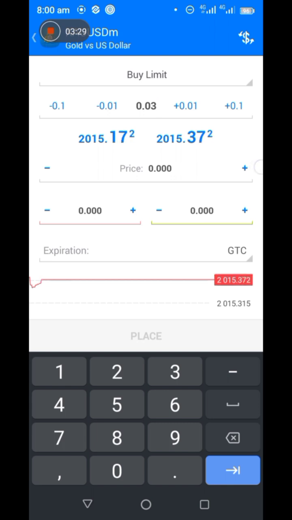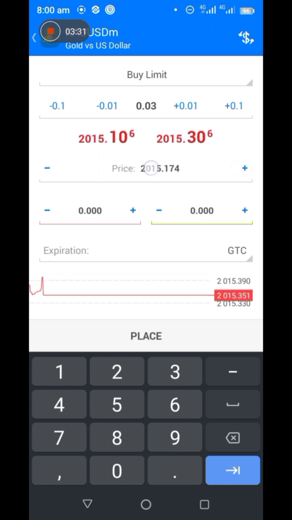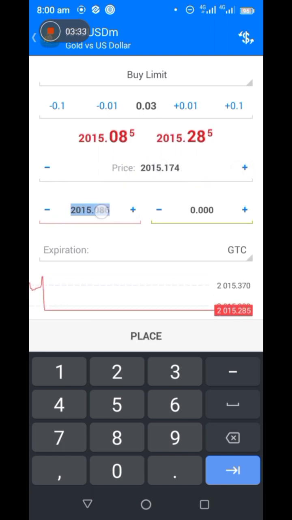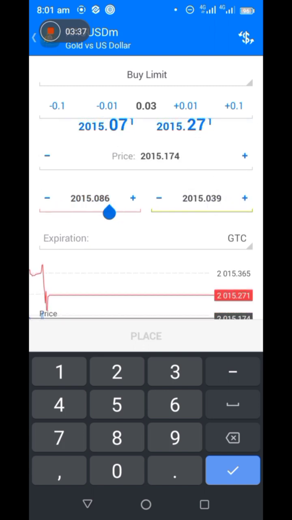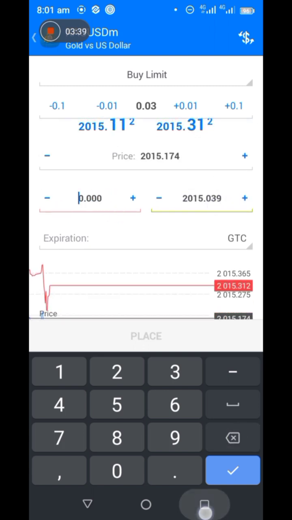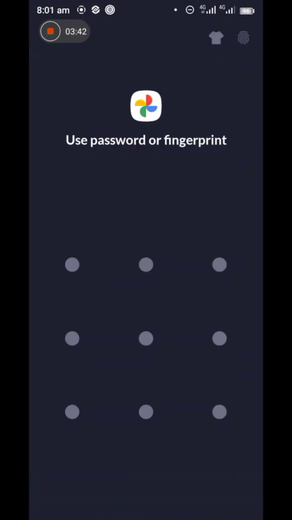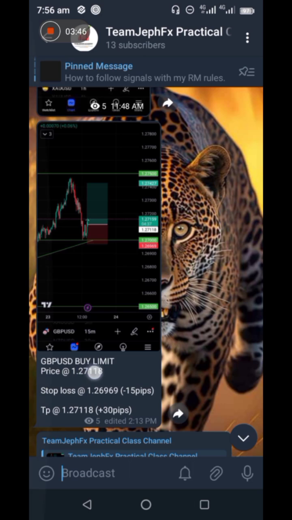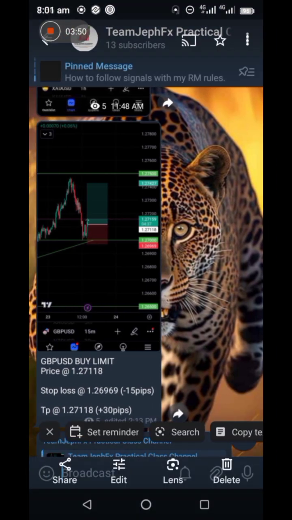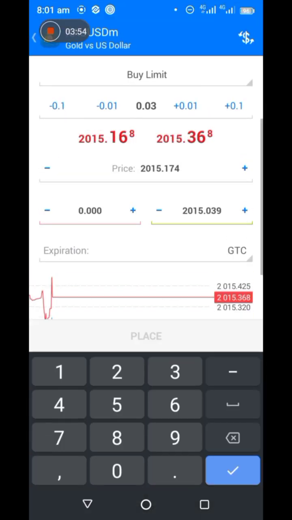You put your price here, you put your stop loss here, you put your take profit here. Are you understanding what I'm saying? Look at the signal that I posted, do you see where I wrote price? This is price, this is your stop loss, and this is your take profit. So all those numbers I wrote there, you write them out in your MT4.